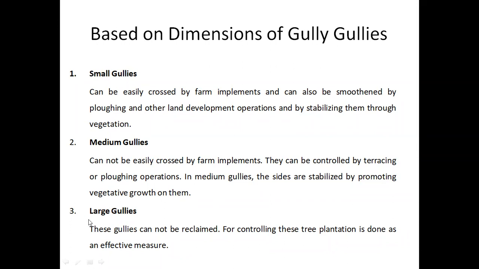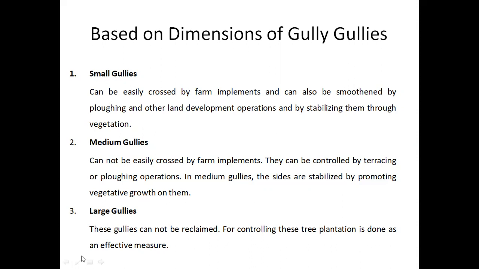Now, large size gullies. Large size gullies are those gullies that cannot be reclaimed, right? The gullies which we cannot reclaim by plowing, any other land development operation, or terracing. It is not economically feasible to reclaim these gullies. For controlling them, tree plantation is done as an effective measure.